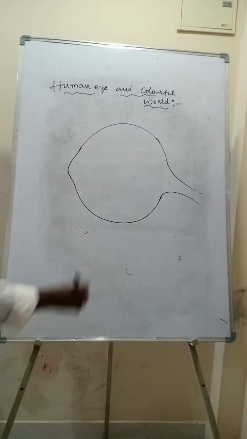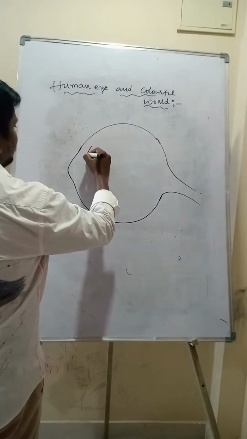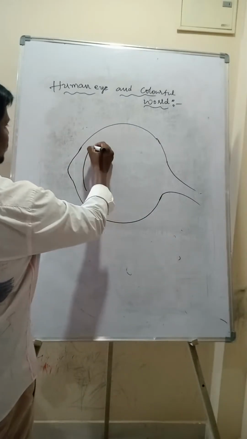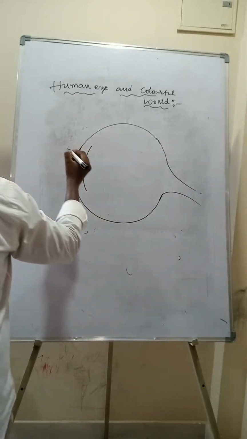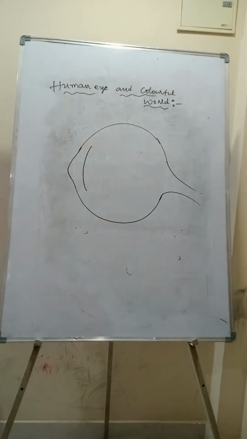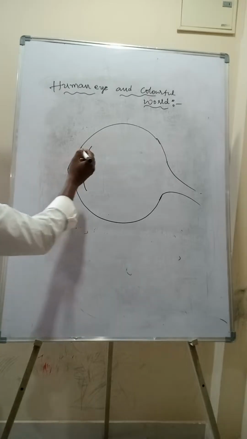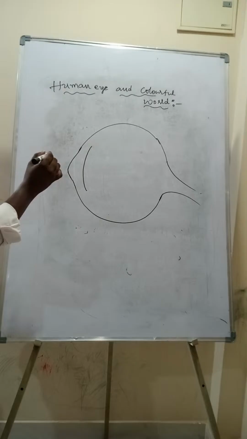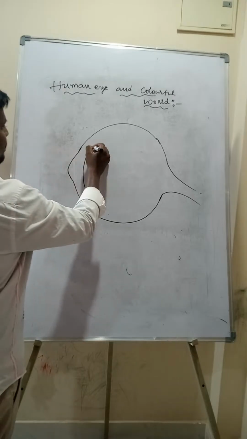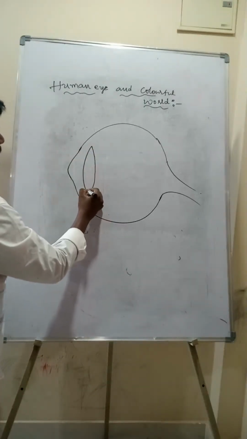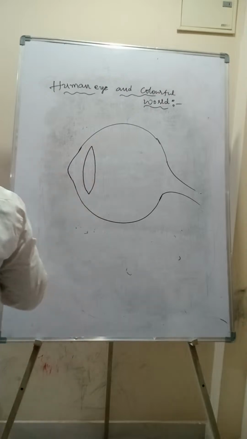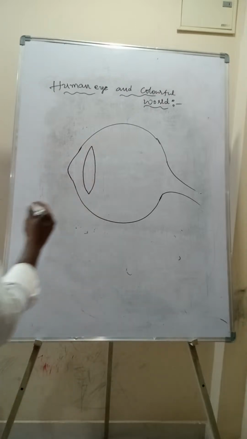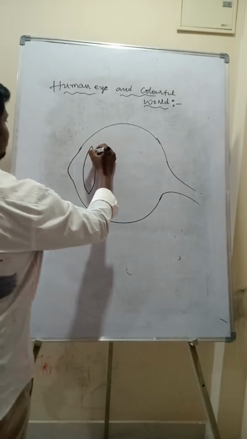And here is the lens, the eye lens. So I'm drawing the eye lens here like this. Okay. So here ciliary muscles.